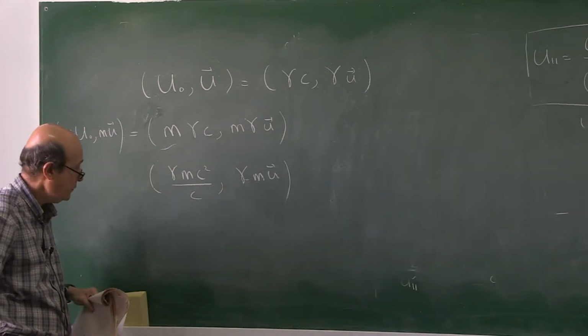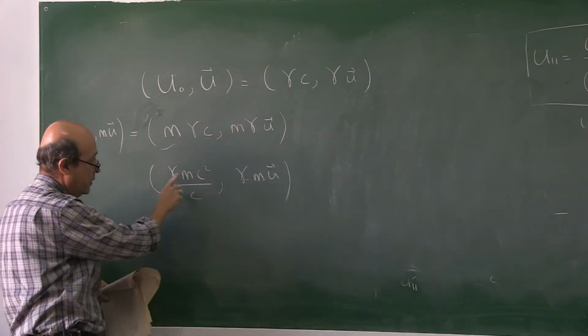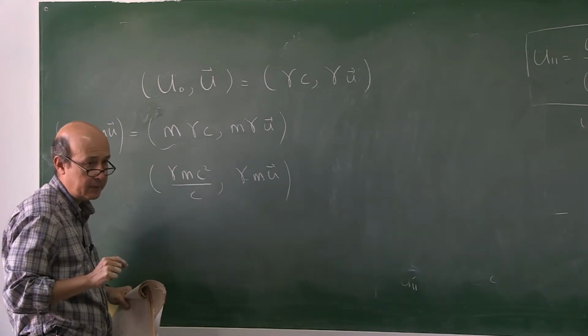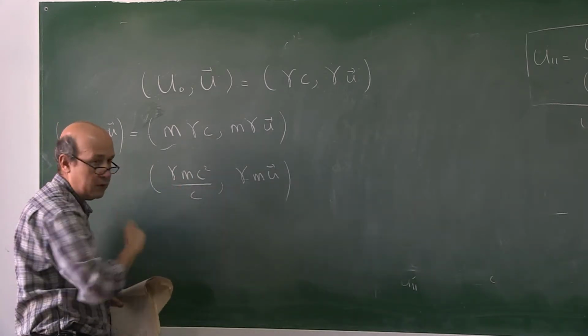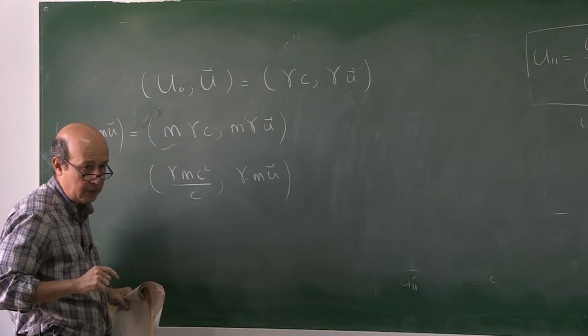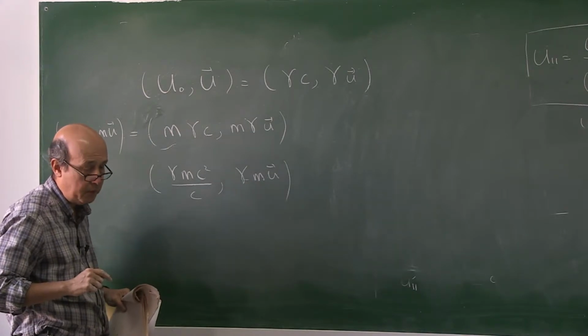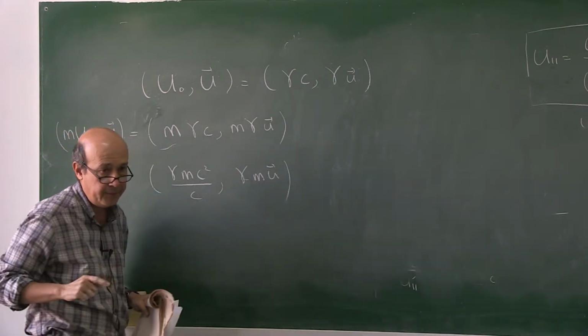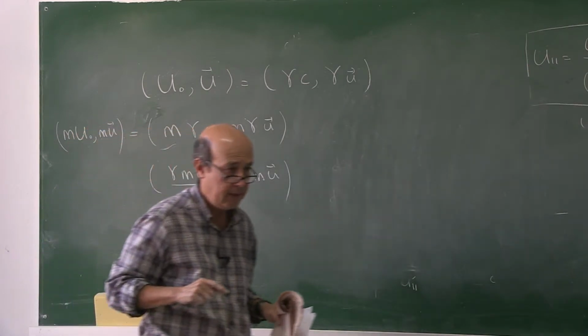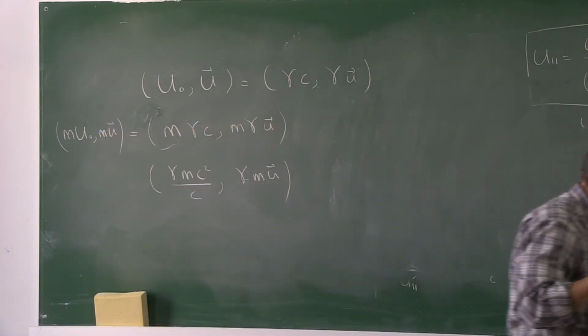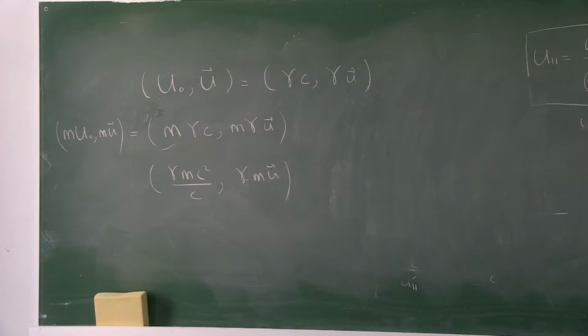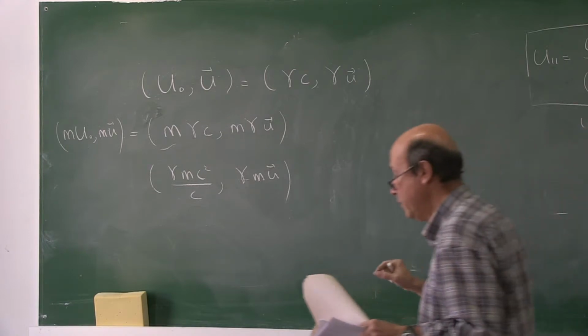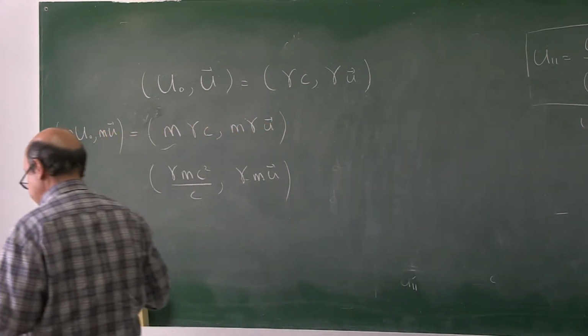Actually, the first term is nothing but energy over c, the zeroth component of the forward momentum. The rest is the relativistic momentum. This is the easiest way, but I will discuss the other way of finding these results.